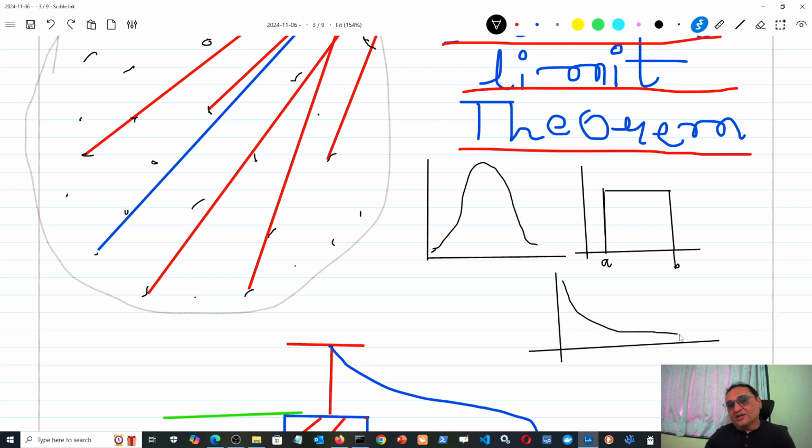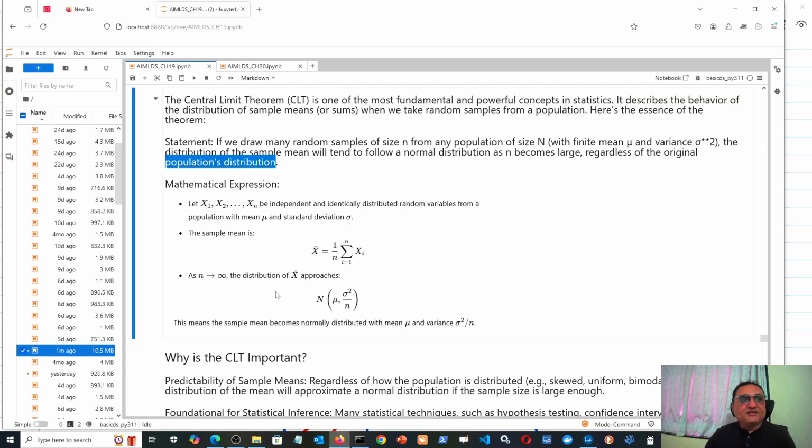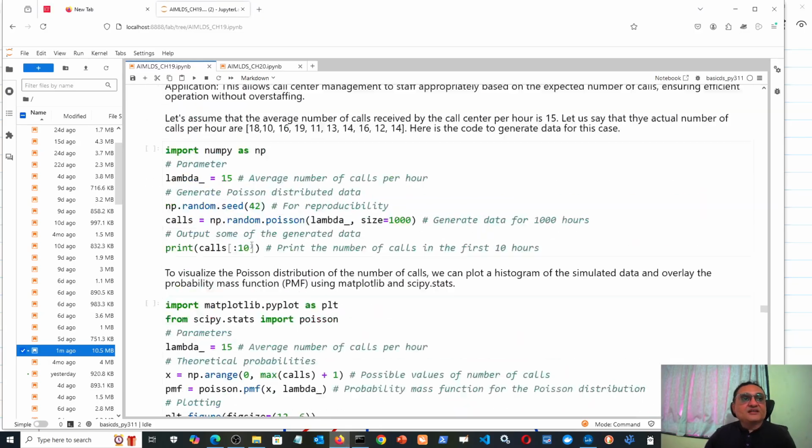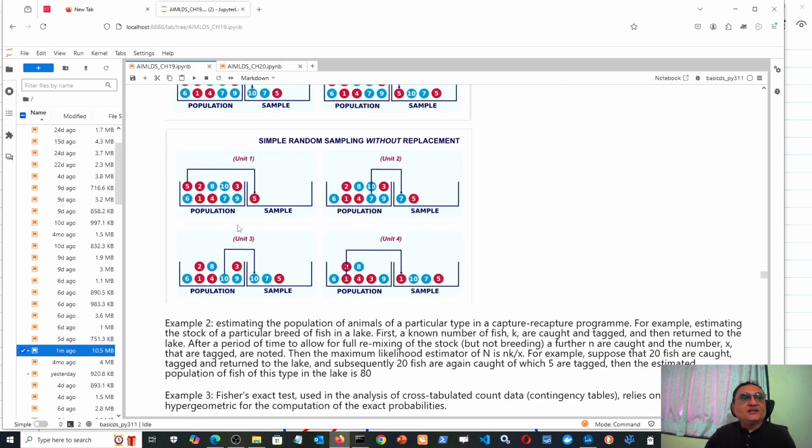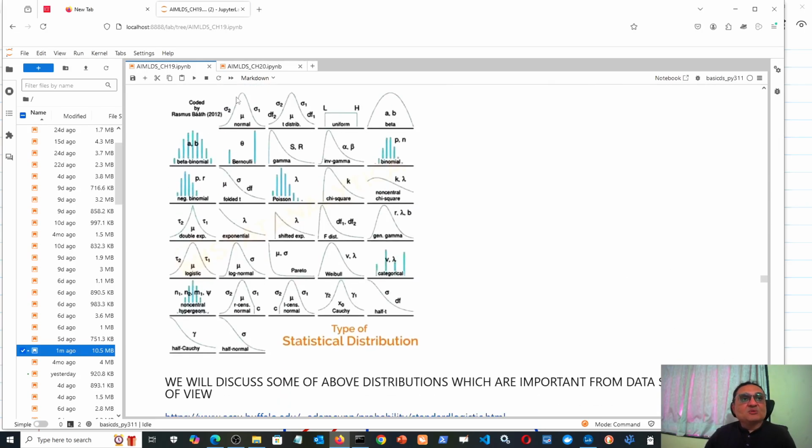Because we have plotted all these distributions earlier, we know this kind of diagram. So this is normal distribution, then exponential is somewhere here, and this is uniform distribution.